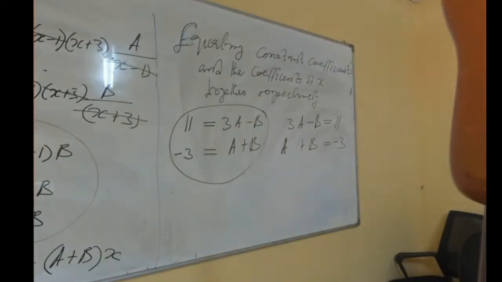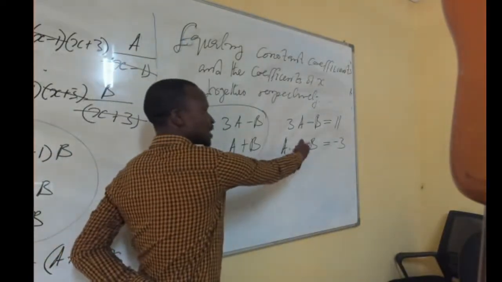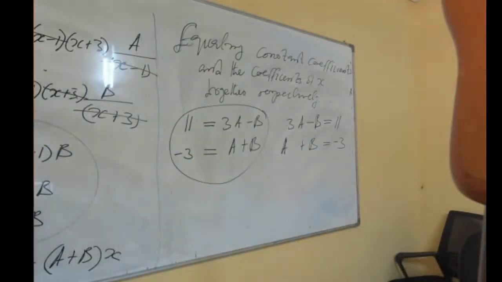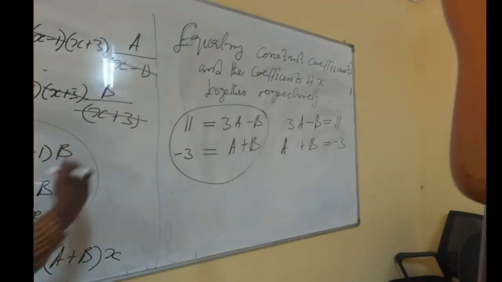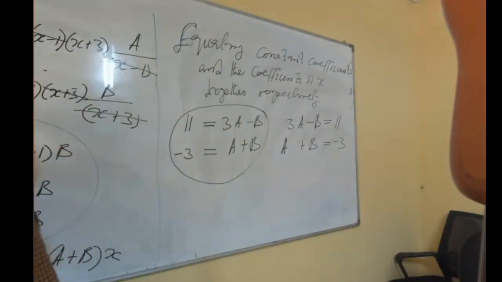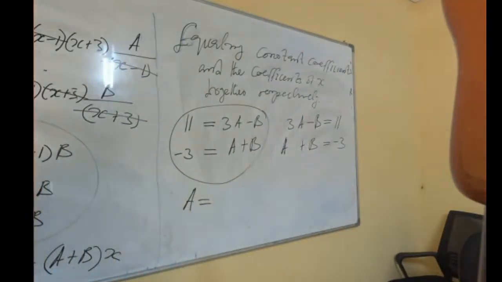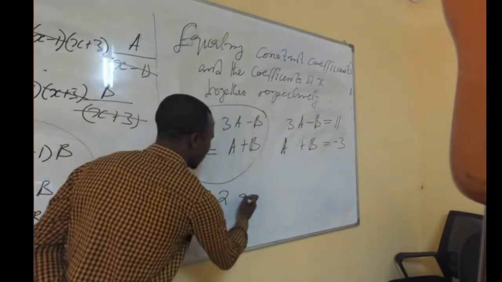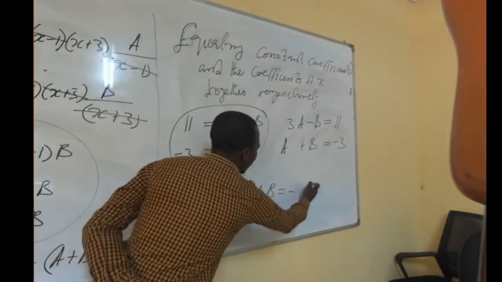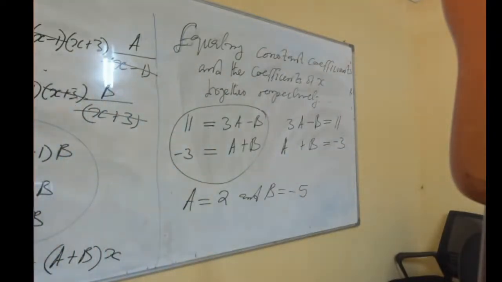Now, if we solve for a and b, what are we going to get? This is a system of linear equations in two variables. If we solve for a and b in this system, basically what you're going to get is that a is equal to 2 and b is equal to negative 5.